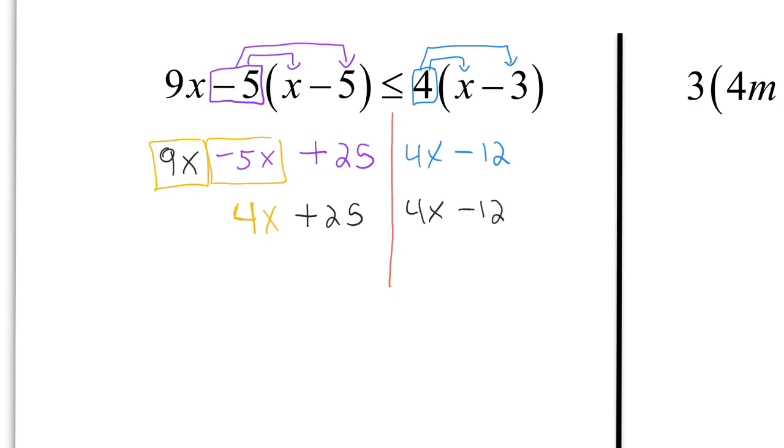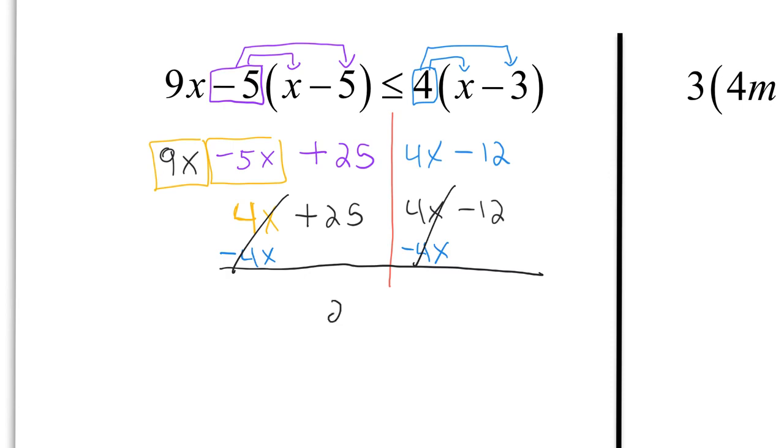We do have variables on both sides, so I need to get the variables on the same side. Notice the variables are the same, 4x and 4x. It doesn't matter which one you actually do the opposite on. So I'm just going to subtract 4x here. And whatever you do to one side, you do to the other side. So when you do that, 4x minus 4x cancels.